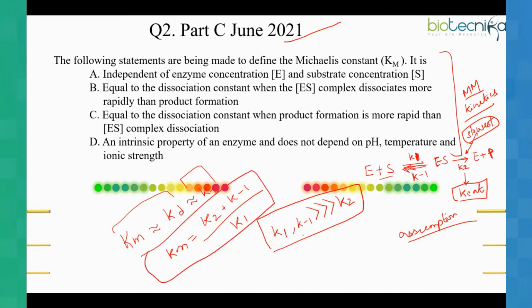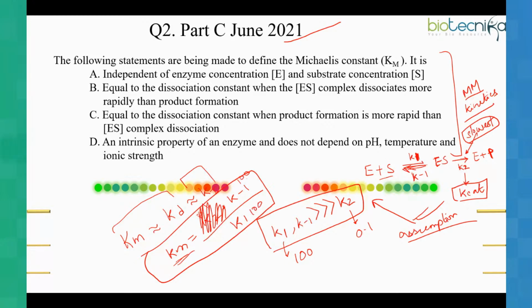Now, if you assume that k2 is very small, and k minus 1 is, let's say, 100, and k2 compared to that we can take as 0.1, then 100 plus 0.1 is almost 100.1, which is almost 100. So because of this Michaelis Menten assumption, in the Km calculation we can ignore k2.